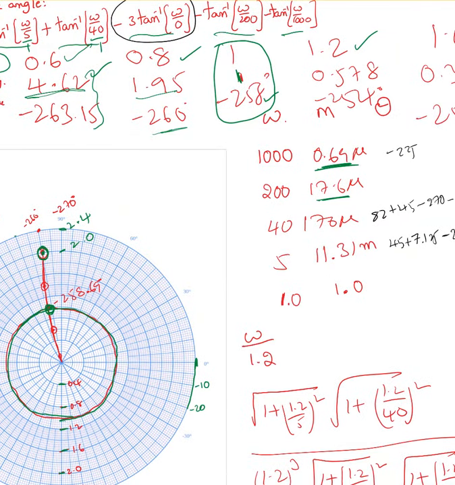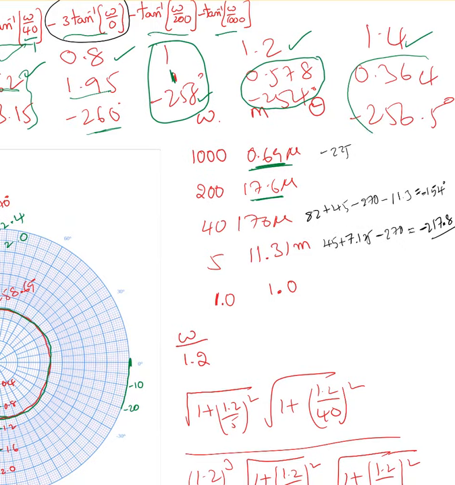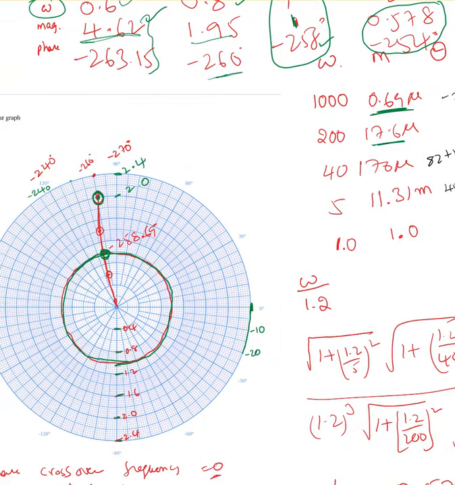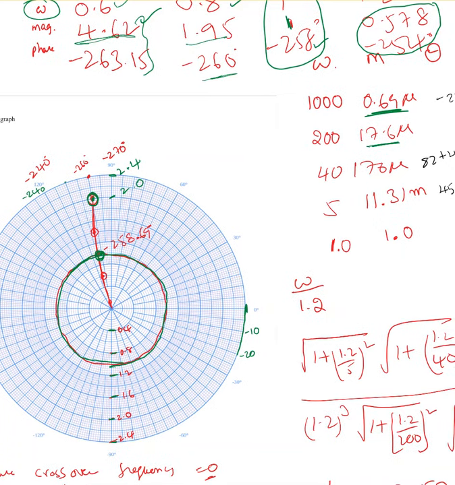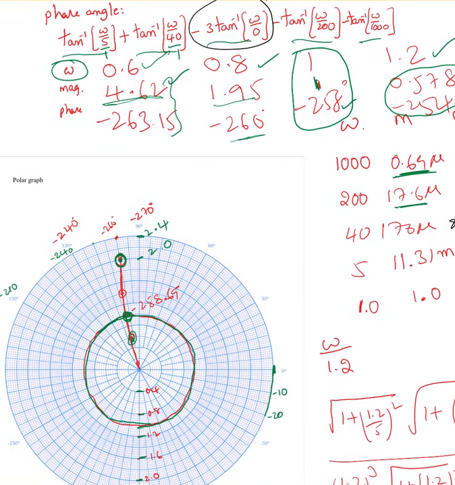Okay, and I also have 1.2, which is 0.5 at an angle of minus 254, and 0.3 at an angle of minus 256. So I have 0.5, so this is 0.4, 0.6, 0.5 is somewhere there, with an angle of minus 254, and 0.3 at an angle of minus 256.